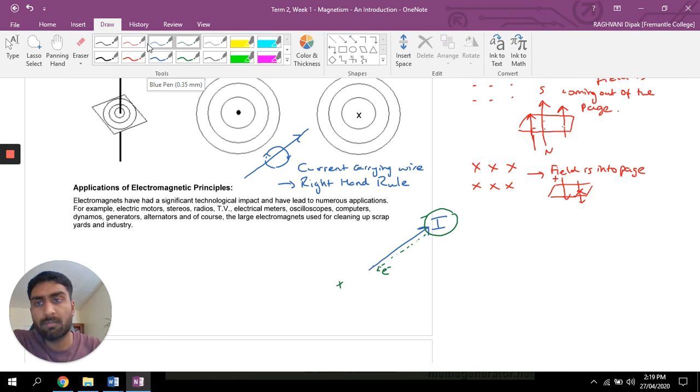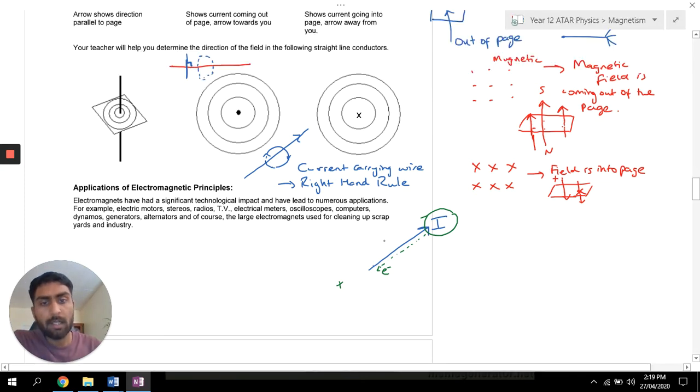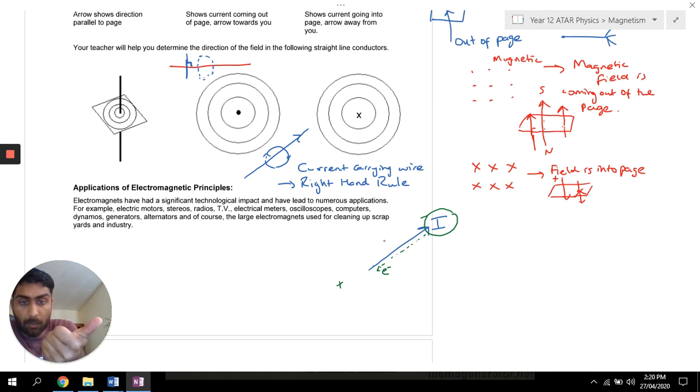I'm going to draw in red. Let's use our right-hand grip rule to see what the magnetic field around a single current carrying wire looks like. I've drawn it into the page, so it looks like it's going clockwise.